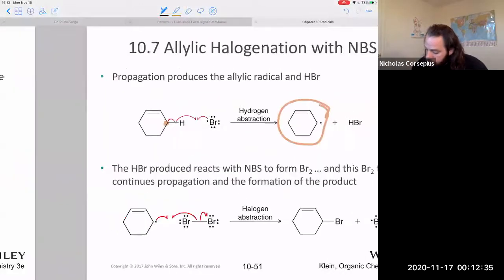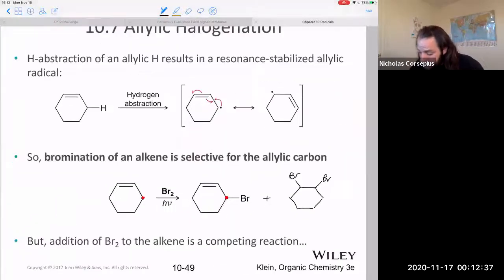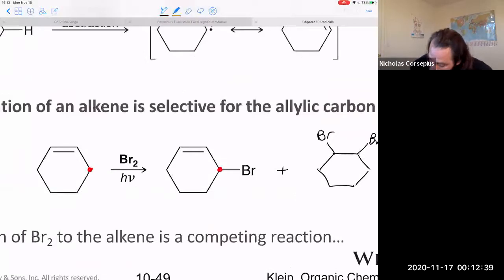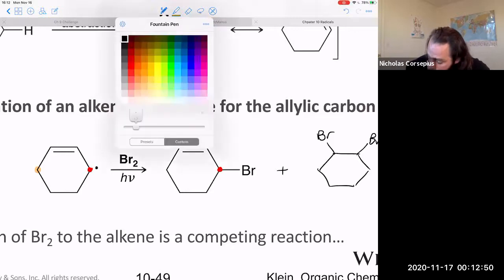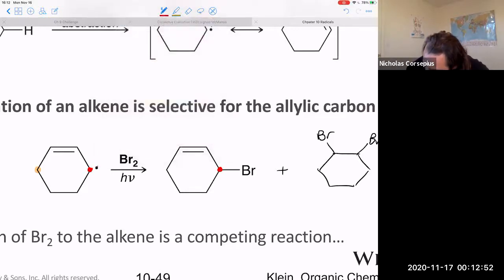In this first example, either of these allylic carbons could have been substituted, and I would have gotten the same product. Likewise, if I formed a radical here and then had my resonance structure, the radical that I'm forming is also going to give me the same product because it's a neat, symmetrical molecule.